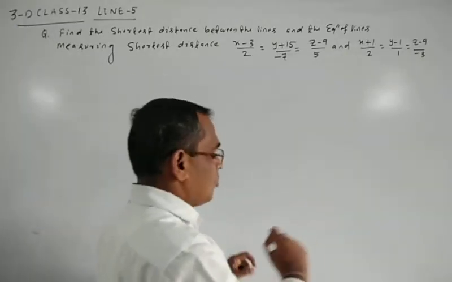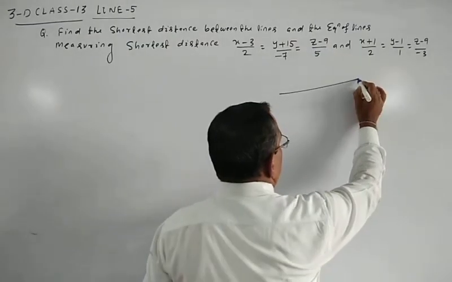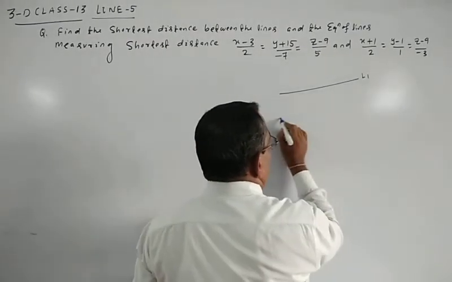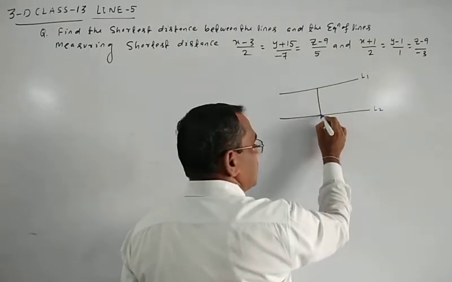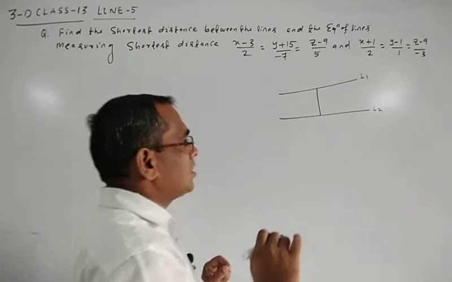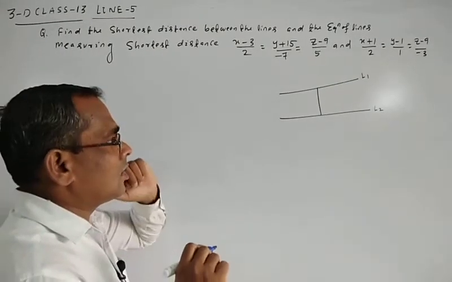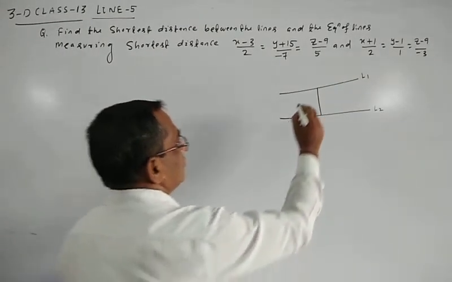So first we draw these lines. Suppose this is L1 and this is the second line L2. Let PQ be the perpendicular, and this perpendicular is the shortest distance between two skew lines.